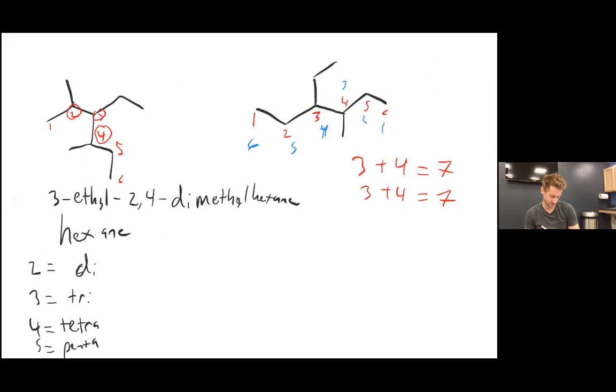So I'm just going to pick one and see which one's right. So if we have an ethyl on 3, or I guess just ethyl here, and then methyl here, E comes before M. So we're going to make it so that the E has the lower number. So this is going to be a 3-ethyl, 4-methyl.